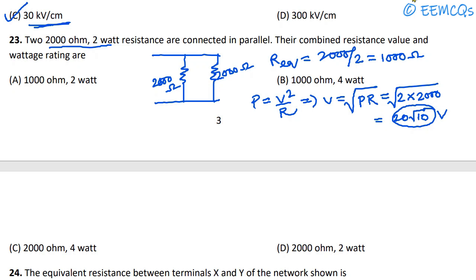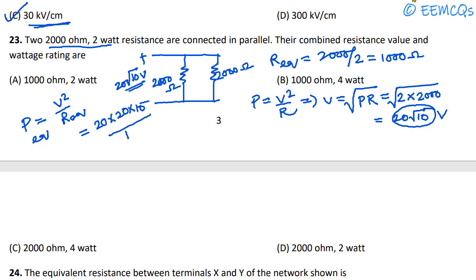Now this voltage is basically applied here. Now the power rating of the whole or the equivalent system will be this V square by Req. So V square is 20 into 20 into 10 and Req is 1000. So after cancelling these zeros we get 4 watt. So the option C, not C, the option B is the correct answer here.